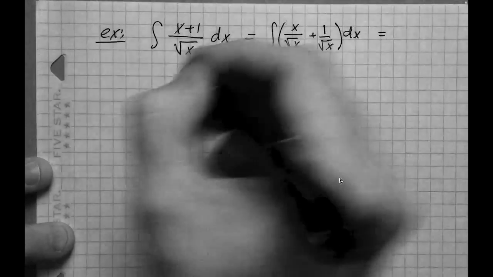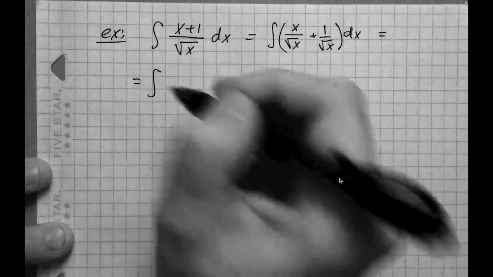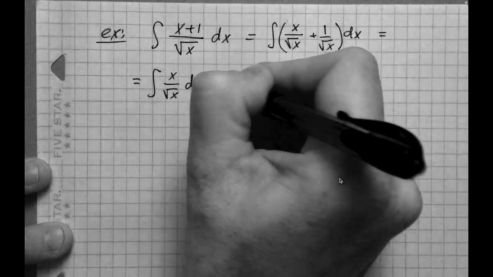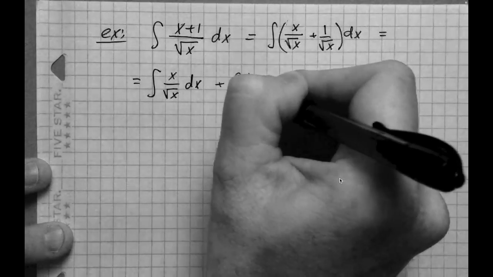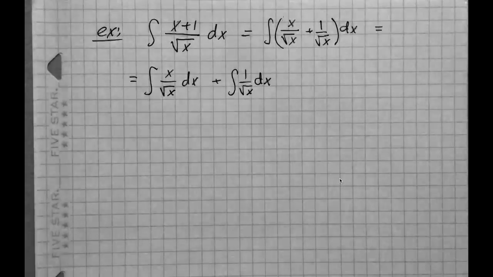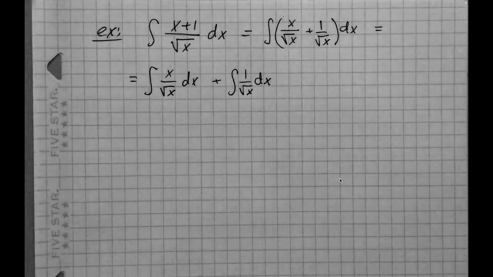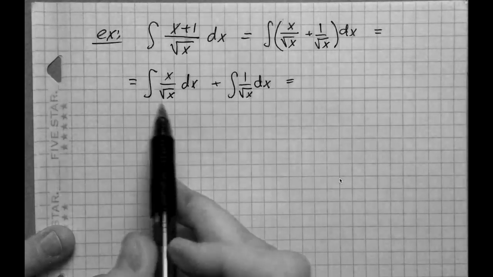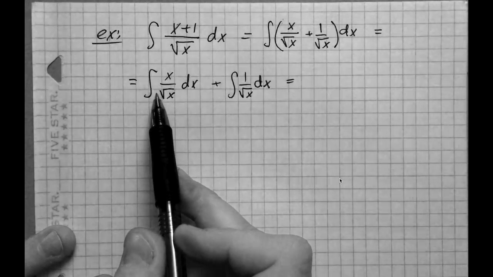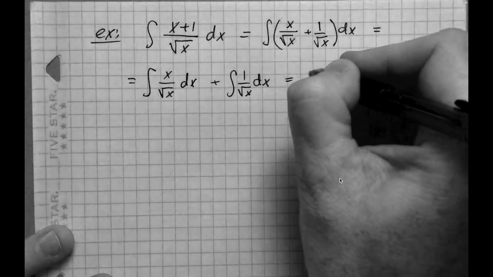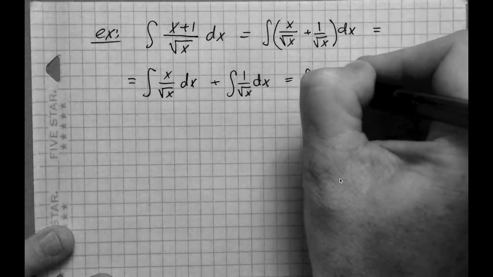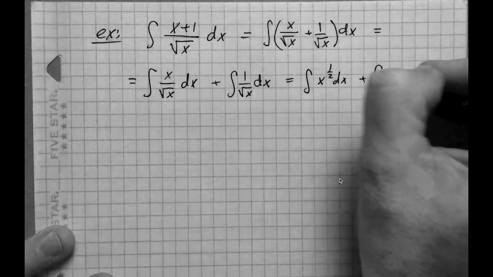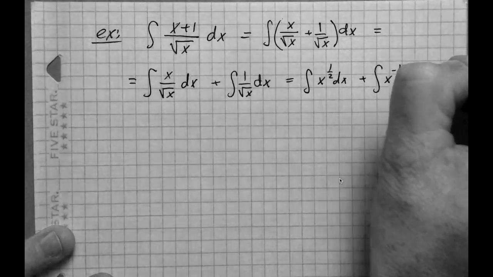But then you can break apart the integral like so, as well, right? And what's the benefit in doing that? Well, the benefit in doing that is you get a nice cancellation here, right? And so x divided by the square root of x is the square root of x, which is x to the 1/2. And then this is x to the negative 1/2.